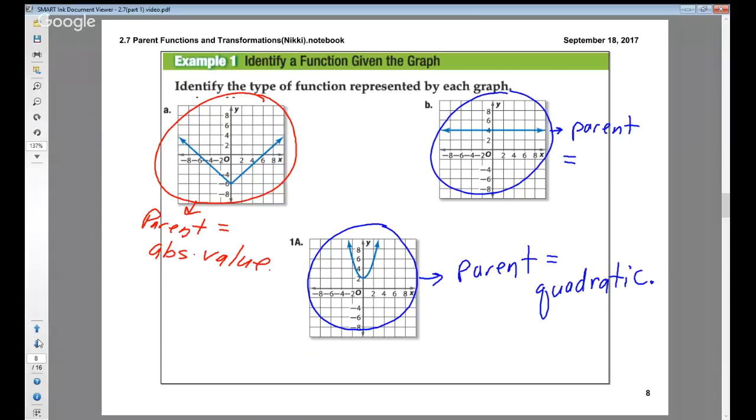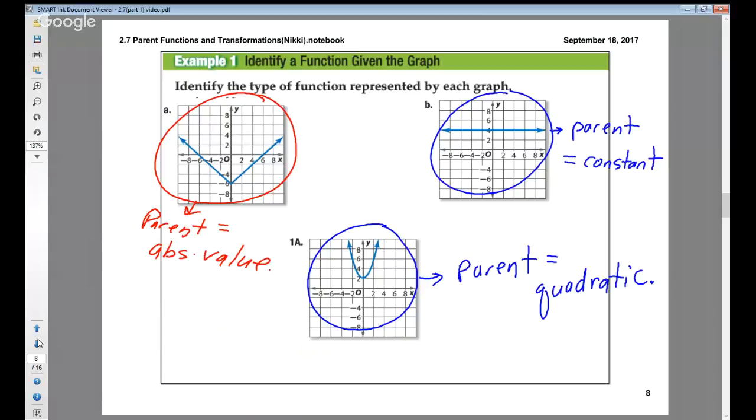We look at it and say, oh, that is a horizontal line. And the only parent function that is a horizontal line is the constant parent function. And that's it. You just had to look at the graph and identify what the parent function of that graph is.